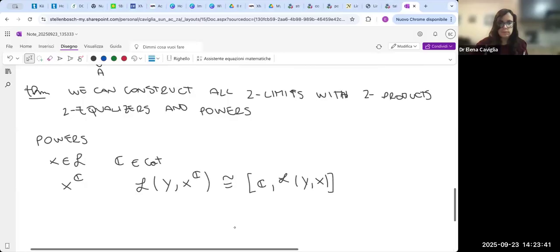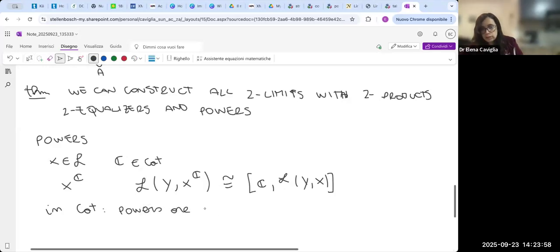This is how we define power x to the c. And in cat, so in our first example of two category, powers are functor categories.